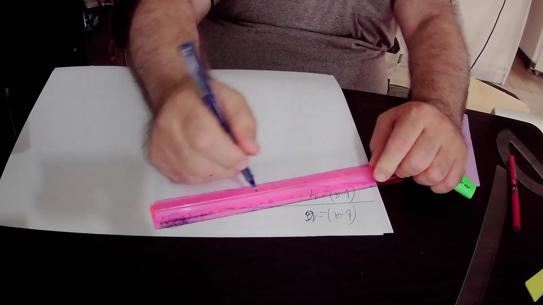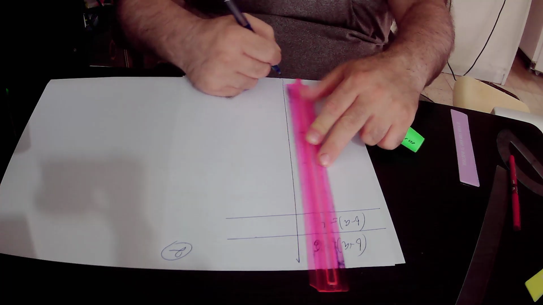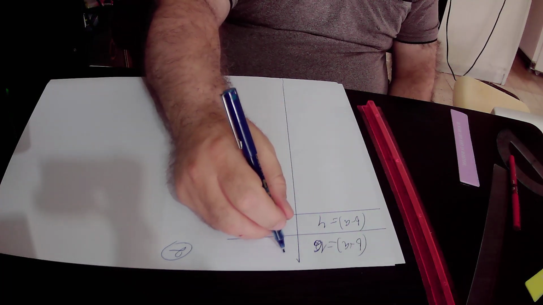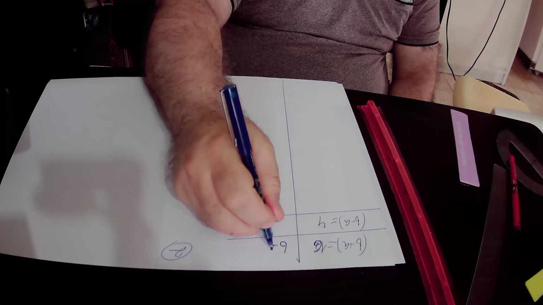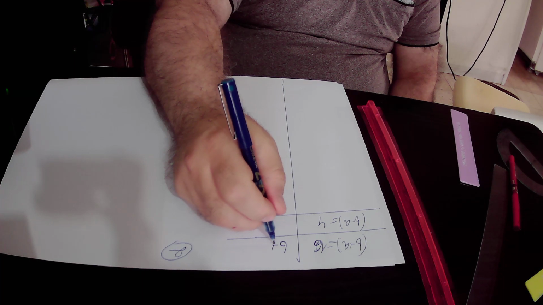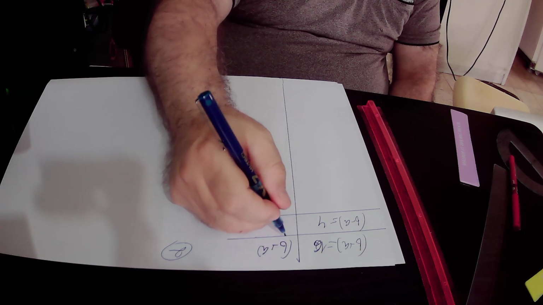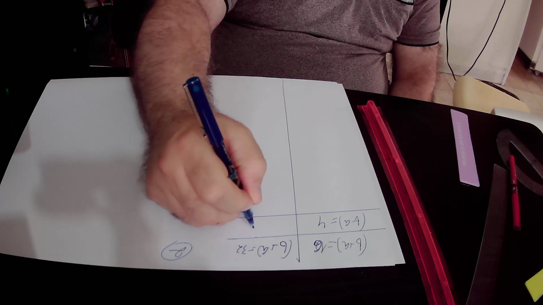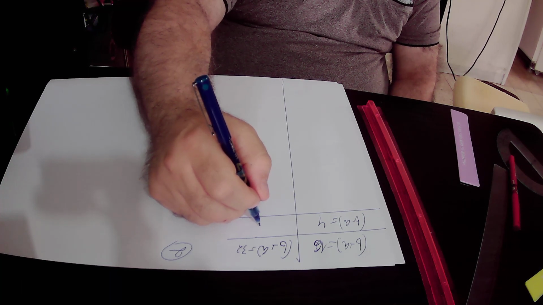And the second solution to the question is that b plus a is 32, and b minus a is 2.